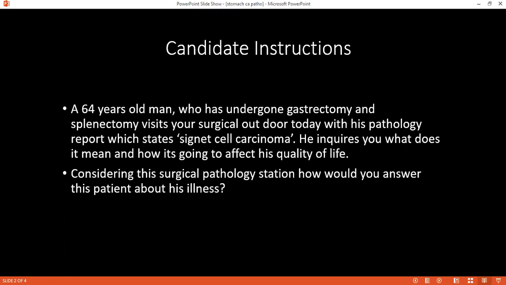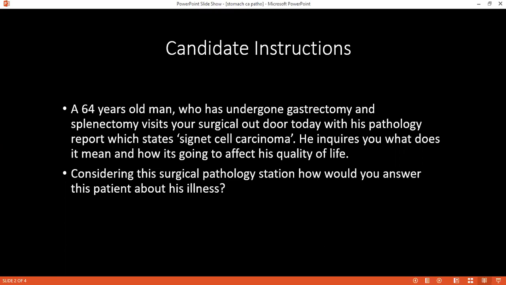Okay, what is the etiology of it? The risk factors for cancer of the stomach include smoking, eating dried, smoked foods, Helicobacter pylori infection, a previous cancer, and previous stomach surgery.